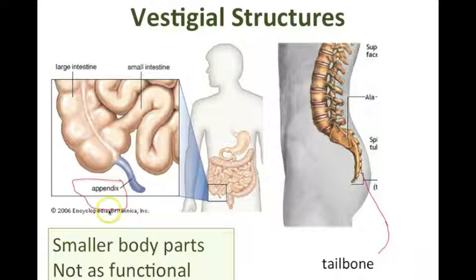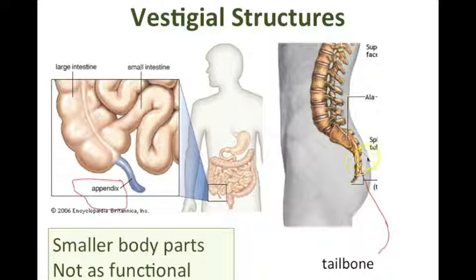So vestigial structures means that it's a smaller body part that loses its function or is not as functional anymore because over time we stopped using these functions in our bodies. The tailbone is another example of a vestigial structure because over time we stopped having use for a tailbone.